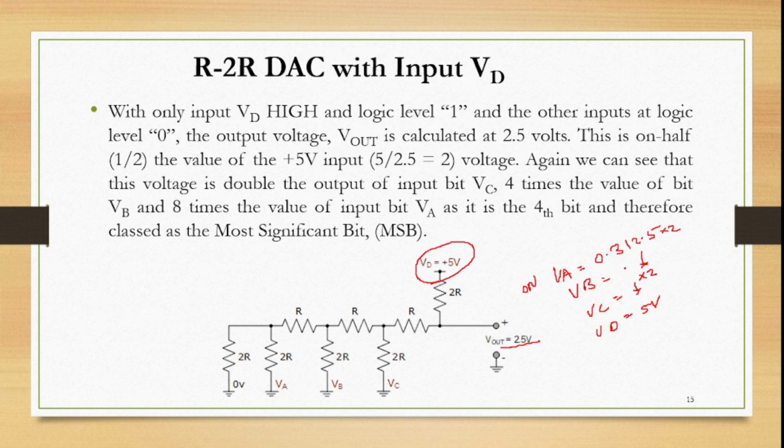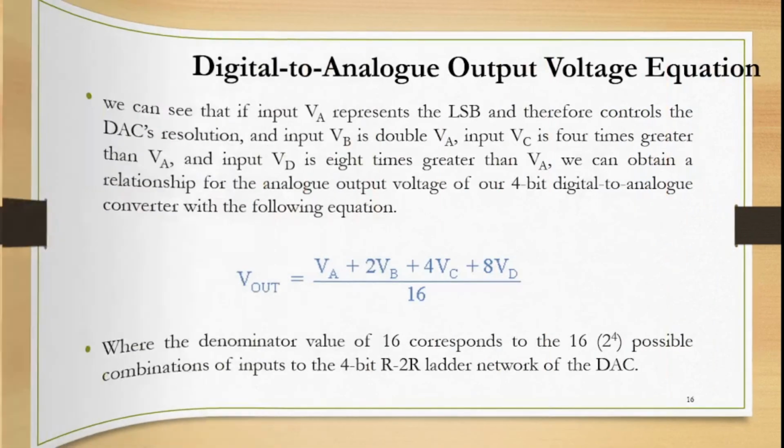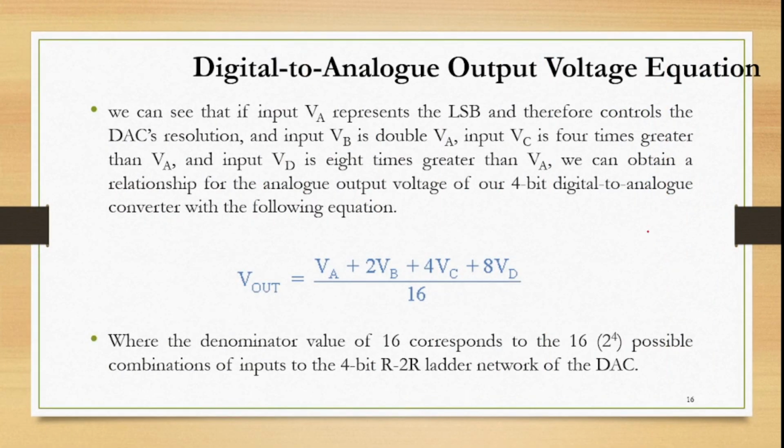If we see it, it was 0.62 something, then 1.25 something. So in this way, we are getting doubling readings at each bit. From that, we can have a formula.